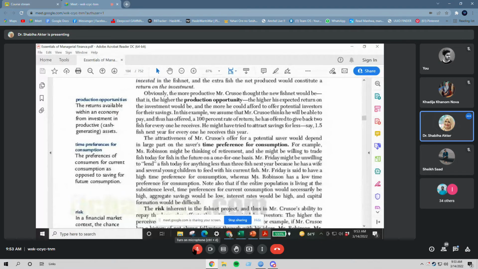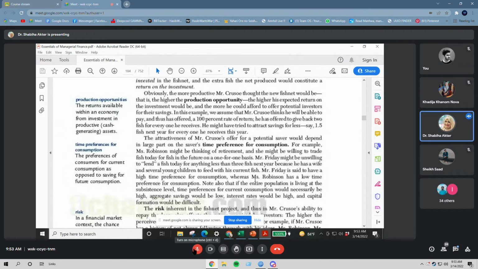So for example, one person আছে যিনার টাইম প্রেফারেন্সটা এখন প্রেজেন্ট টাইমে, কারণ ওনার ফ্যামিলিতে he has several members in his family, so he thought that if I need to sacrifice my present consumption, next year, if you don't give me 3 fish instead of 1, I'll not give you my fish right now.